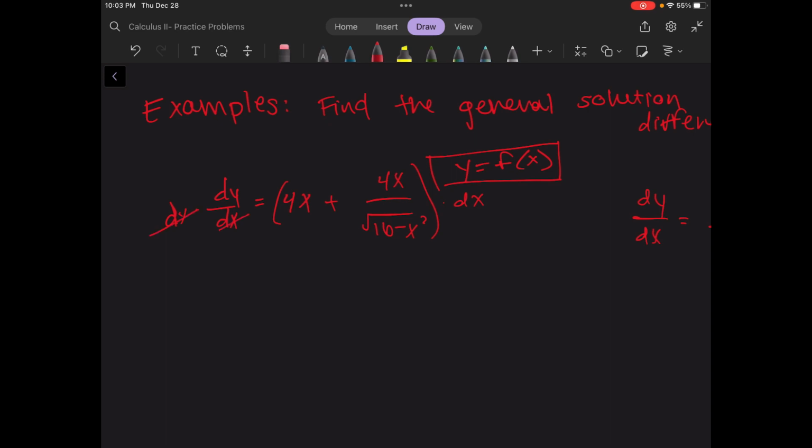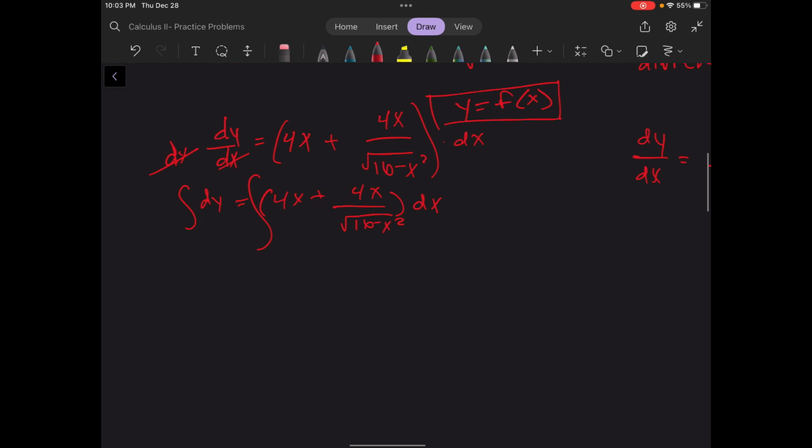So it's going to cancel on the bottom here, and it's just dy is equal to 4x plus 4x over the square root of 16 minus x squared dx. Now this is where integration comes in, because if we want our answer to be y being some function of x, but we only have the derivative of y, so that is where the integration comes in.